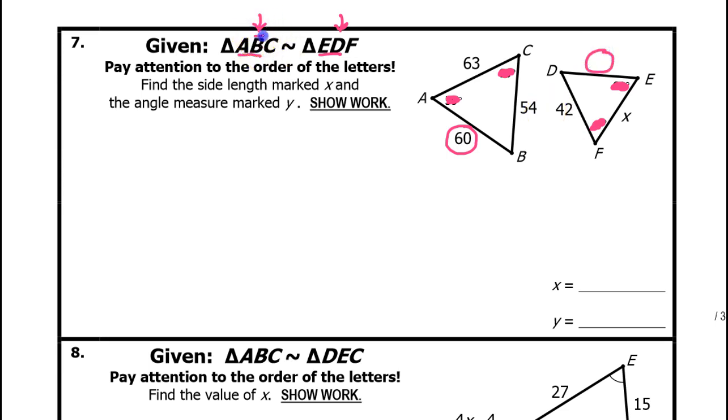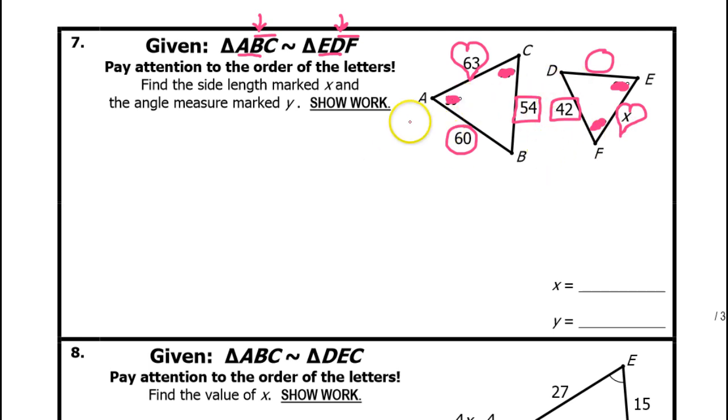Then BC corresponds to DF. That leaves AC and EF.